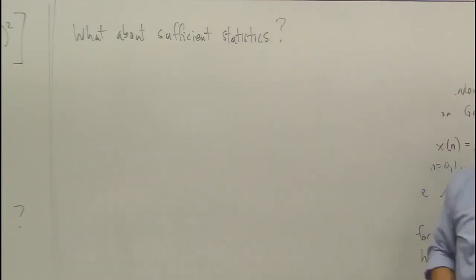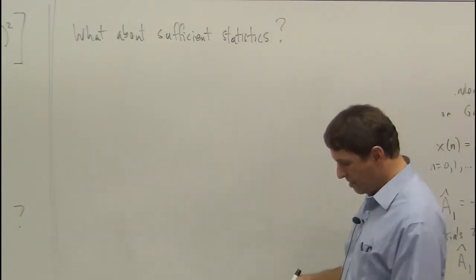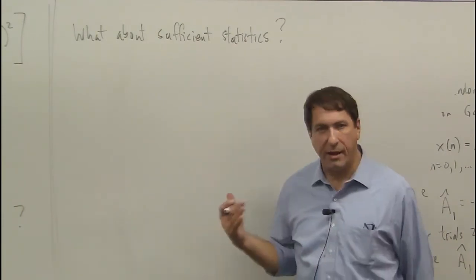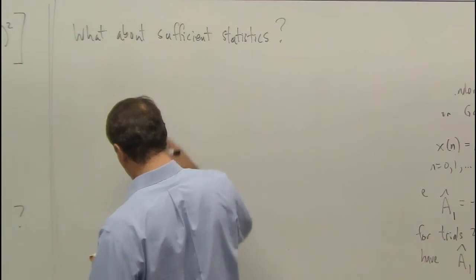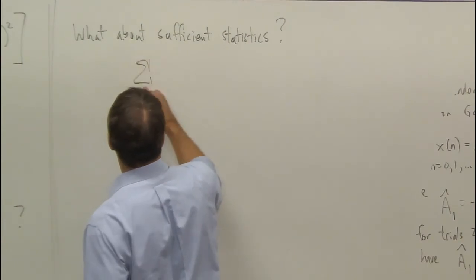If we look at sufficient statistics, the portion of the likelihood function that pertains to phi involves the term, the sum.